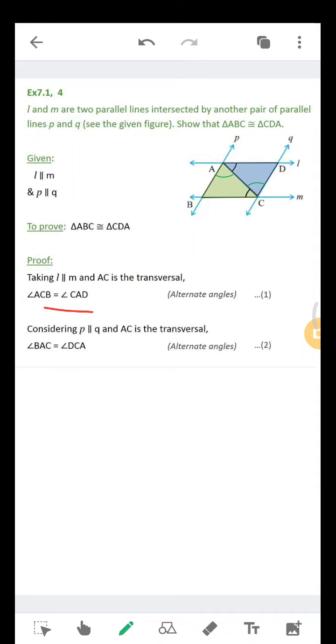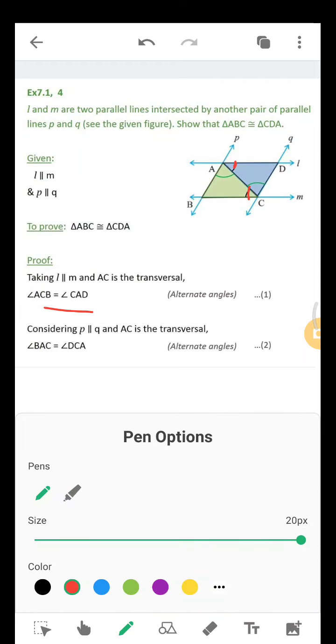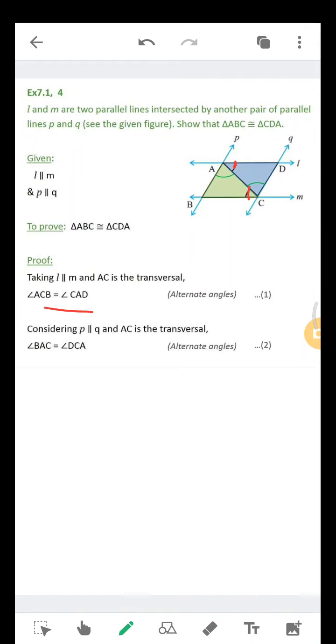So I can say ACB is equal to CAD, the other one. Then BAC is equal to DCA. So we got two pairs of alternate angles, and so two angles of this triangle are equal to two angles of the blue colored triangle.